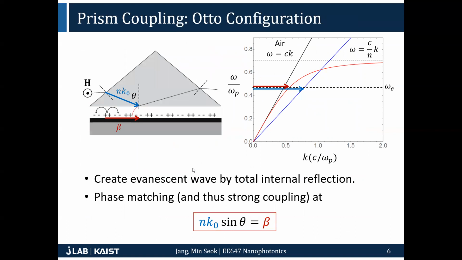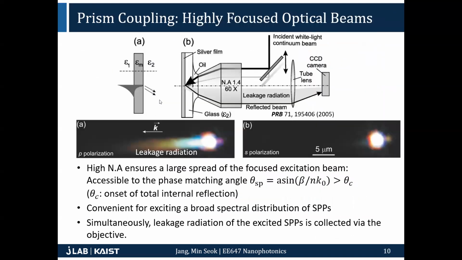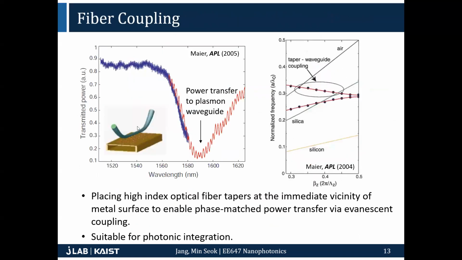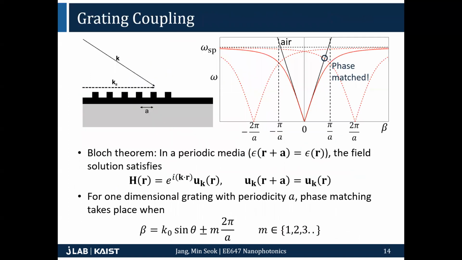There are many variations possible in terms of actual implementation. You can introduce a prism, or you can even use a high index oil, or even a high index fiber. All these things are just examples of introducing a high index medium to solve this phase matching condition.